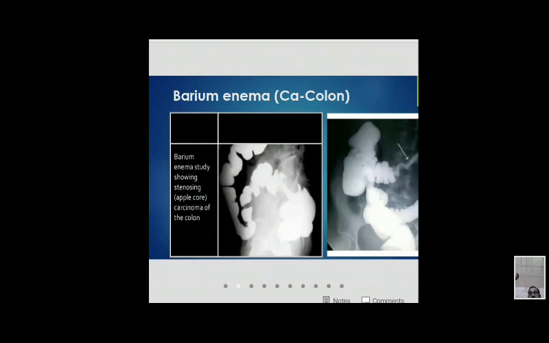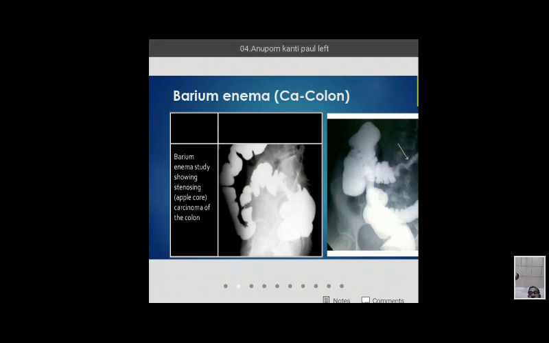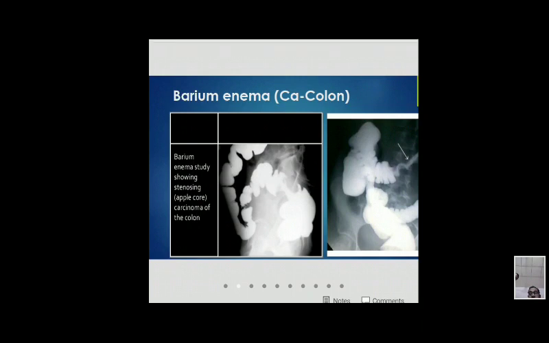Usually, large left-sided colonic carcinoma may present with intestinal obstruction, as most left-sided colonic malignancies are of the annular variety. So there is a ring-like lesion that occludes the lumen and causes intestinal obstruction.